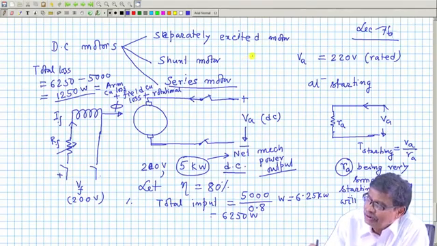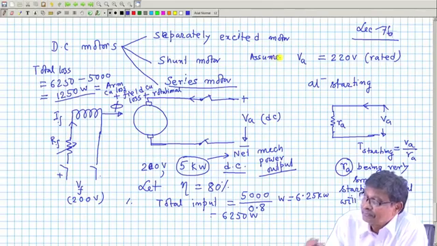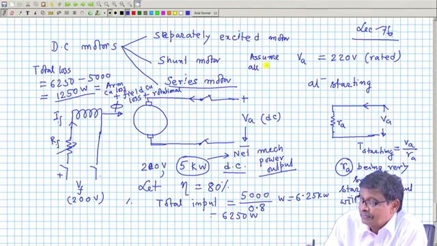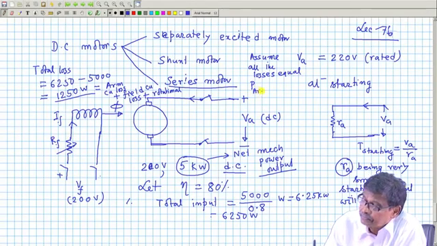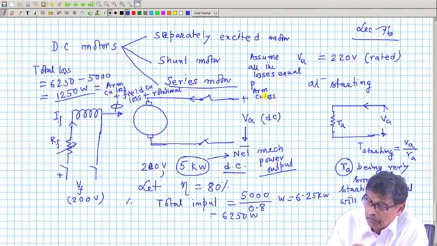So assume all the losses are equal, and the armature copper loss will be 1/3 of that.